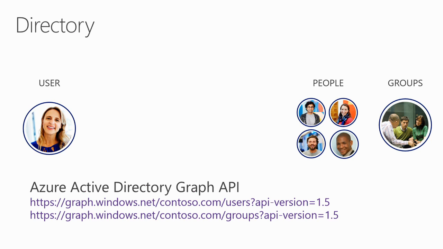This example is showing you the users and groups. There's also the other part of this API, which is a management API. If you want to actually manage applications or manage users or licenses, you can even do that with that API. But those mostly fall under admin cases, administrator cases. For us to build real apps, we interact a lot with users and groups.